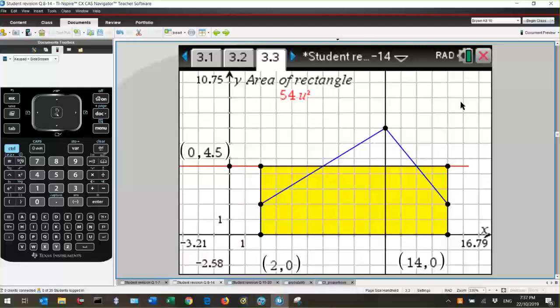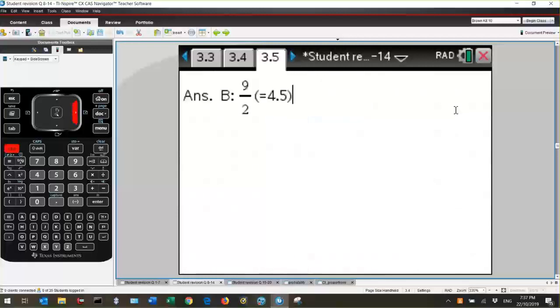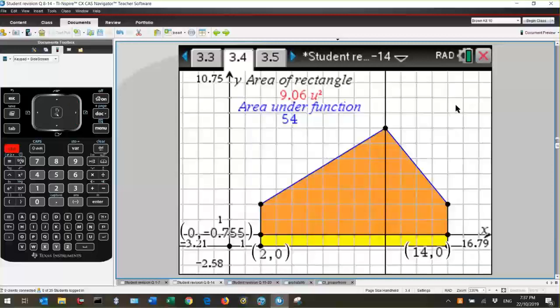All right, so what you're trying to do is to get that yellow area to be the same as the area under the function. So that's 54 there.